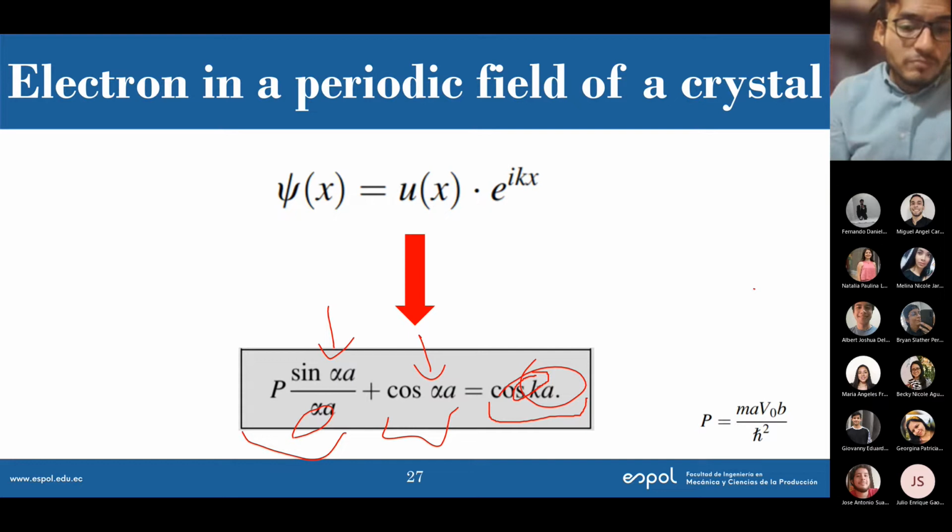But I guess we can all see that it won't be easy, and it won't be the case that alpha can take any value, because not any value will satisfy this condition for sure. Alpha will not be able to take any value.